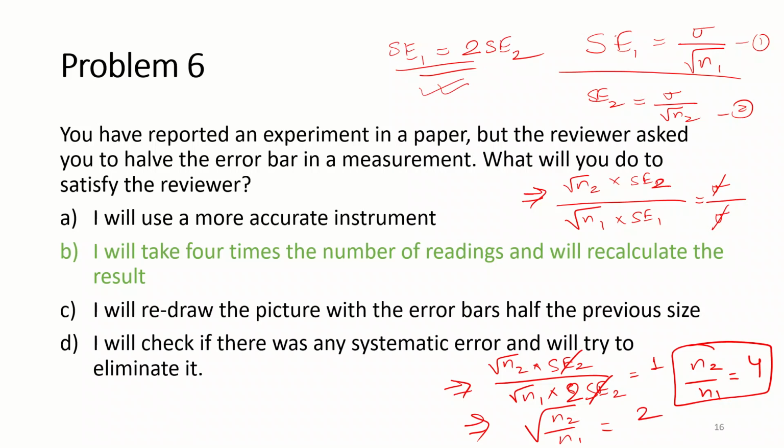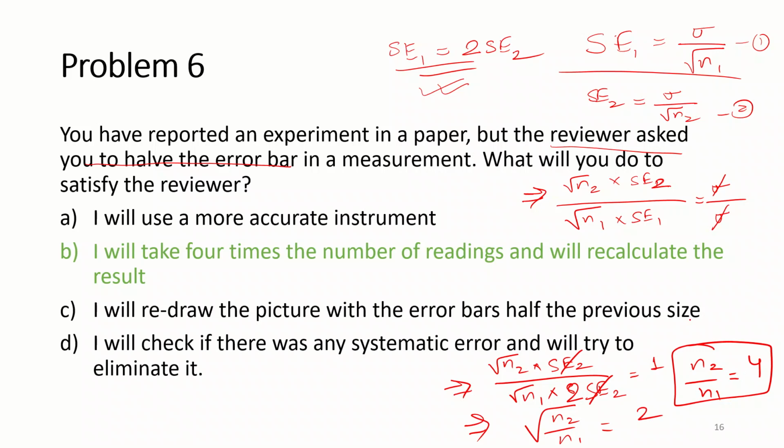The reviewer asked you to halve the error bar. So I divided these two equations and substituted this value. That's only the calculation. Then n2 divided by n1, you have to take 4 times the value.